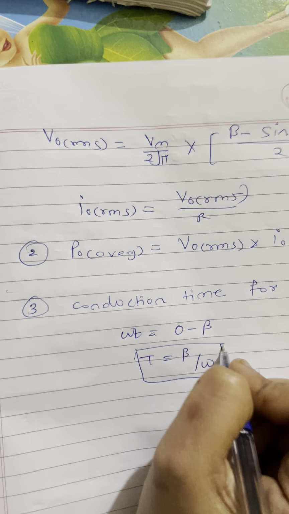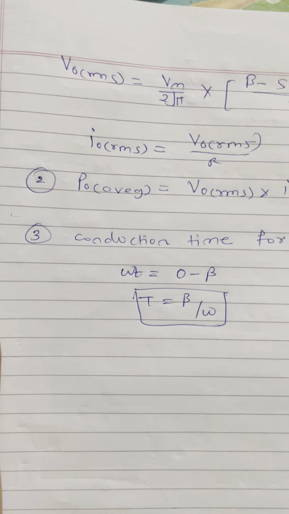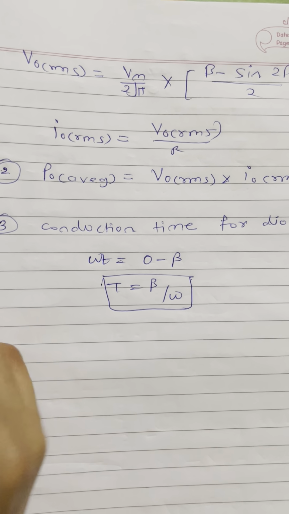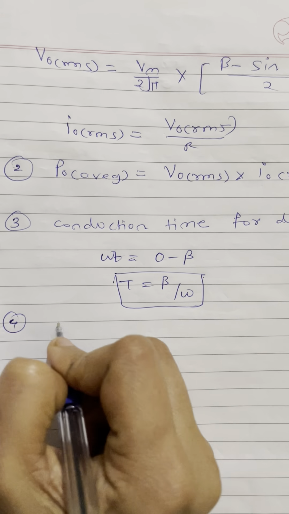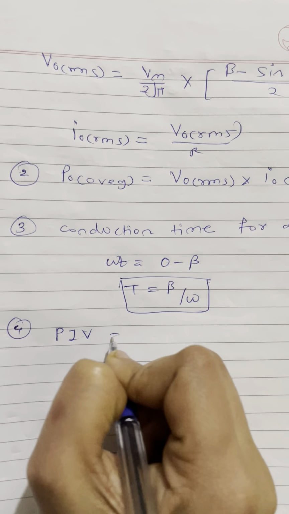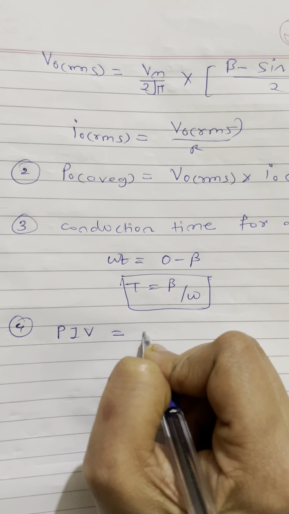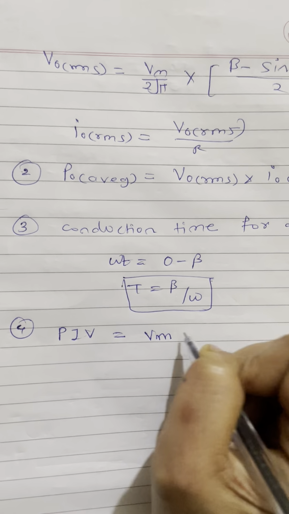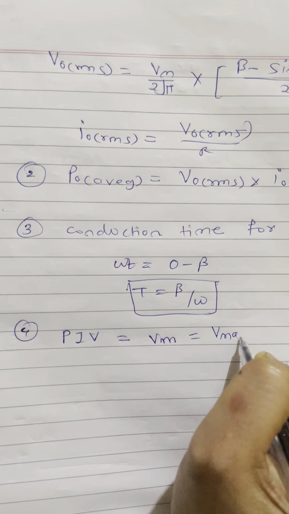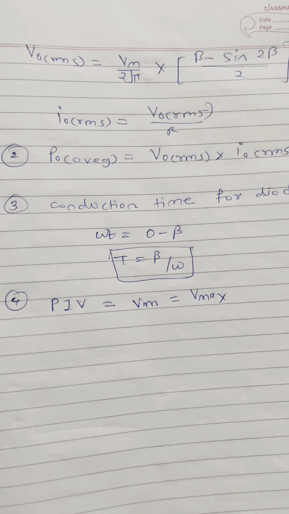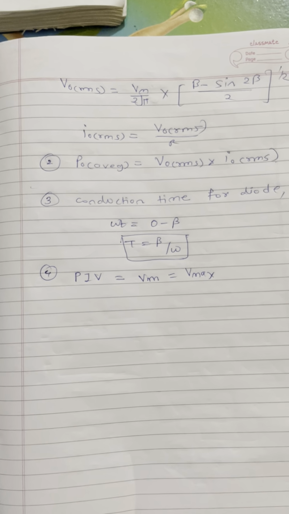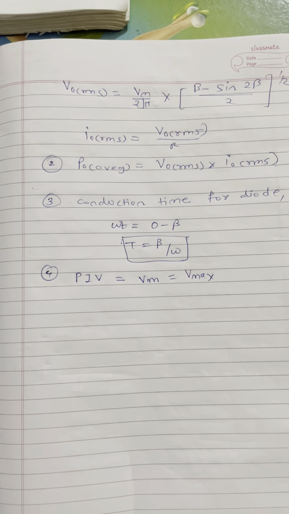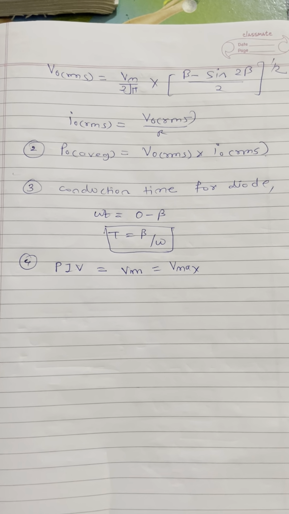Okay, this is the conduction time for the diode. And the last one, the fourth one, PIV, peak inverse voltage, is nothing but the rating of the diode. This is the maximum voltage, Vm, Vmax. Okay, so this is all about the single phase half wave uncontrolled rectifier with the RL load.